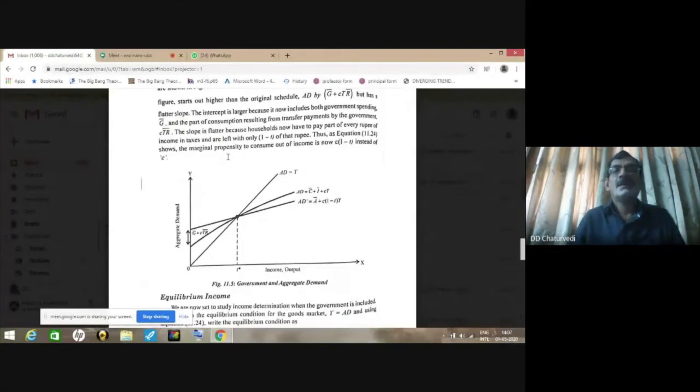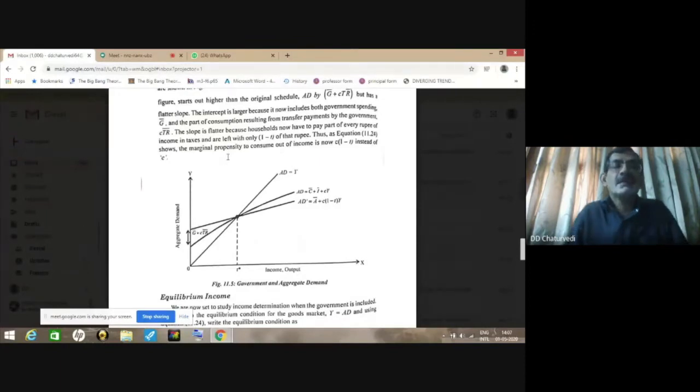And aggregate demand for the two-sector economy is C bar plus I bar plus small c into Y, which is the same as A bar plus c into Y. And new aggregate demand by including the government expenditure and transfers will be given by new aggregate demand AD dash.